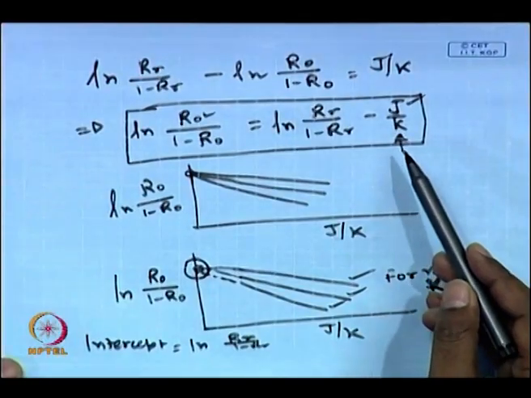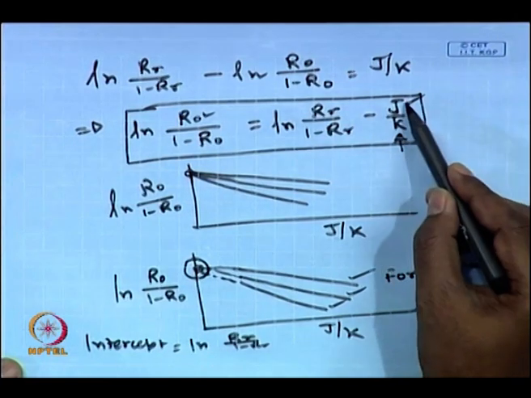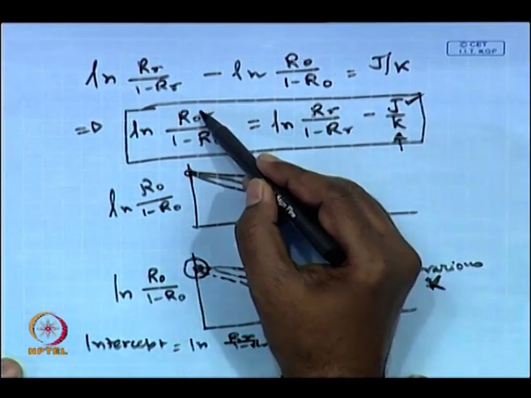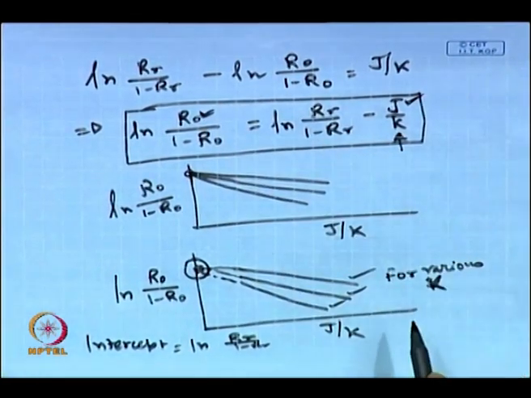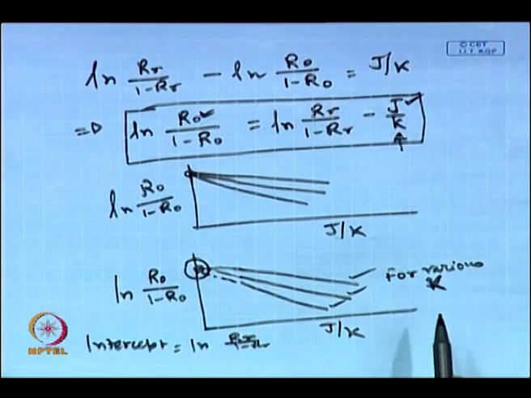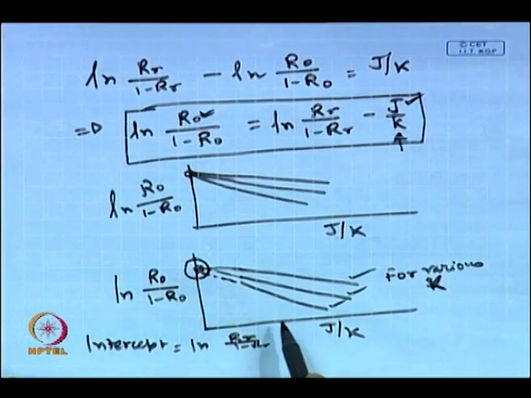Because you are varying the cross flow velocity, you are changing the mass transfer coefficient and estimating the value of J and observed retention. Depending on how accurately you conduct the experiments, one can get the estimate of real retention from the intercept of this plot.